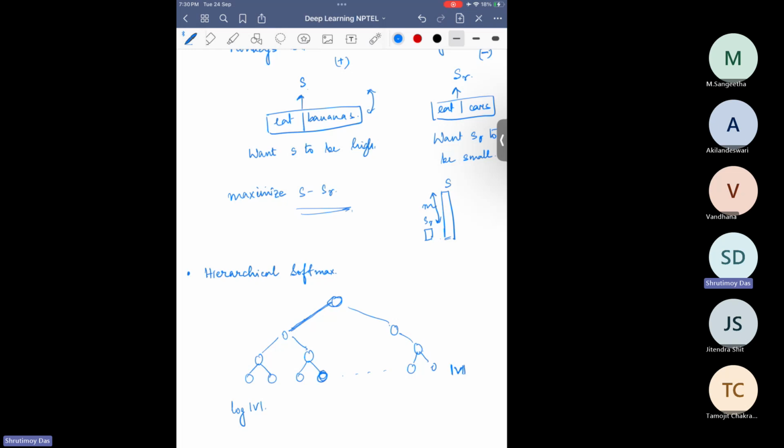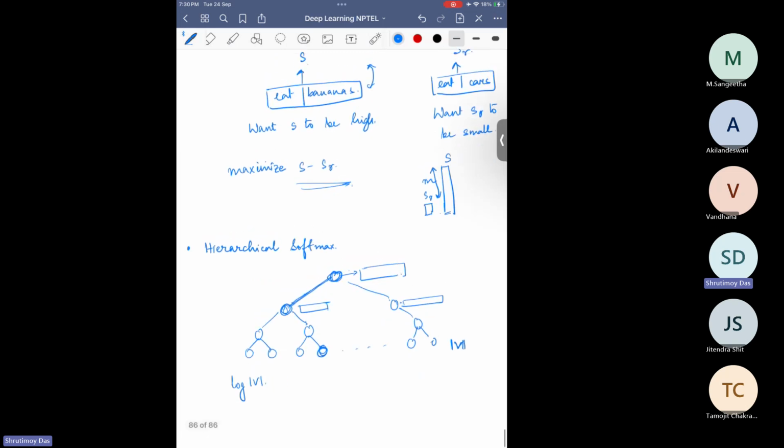So how does this help? For each of these nodes, we say that it represents some context. This node represents the context of some word, say the context representation. This node will represent the context of another word. Whenever we are trying to predict, we have the neural network below this.